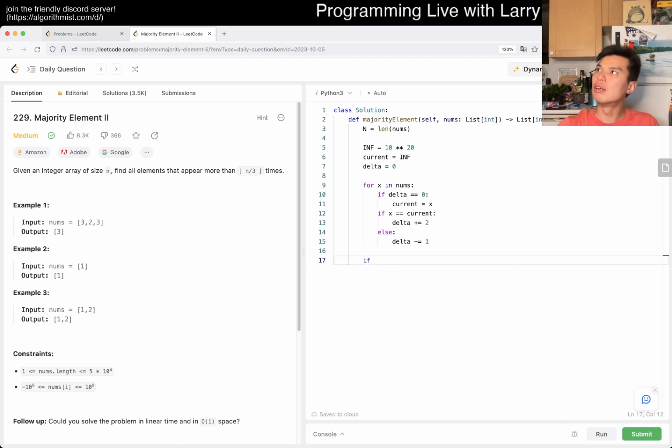Okay, so if delta is greater than 0, for sure we have a number that appears more often than 1/3. But if it doesn't, does that mean it is not? That I'm unsure about.